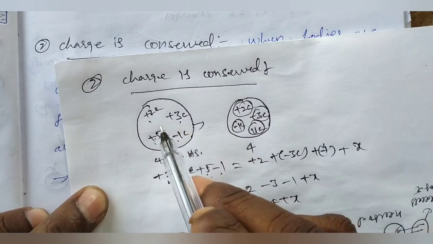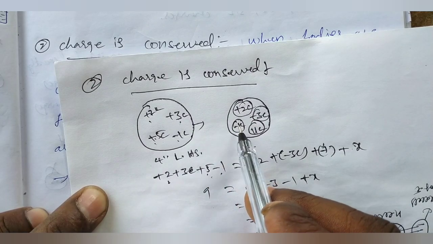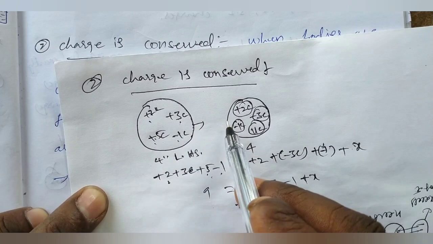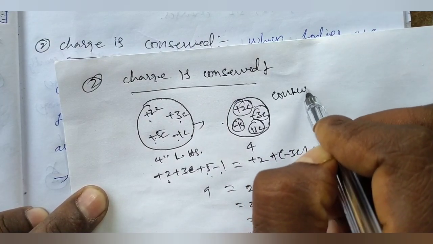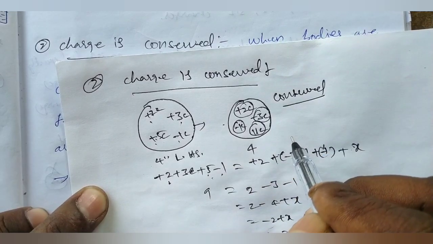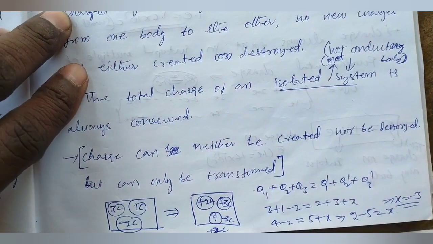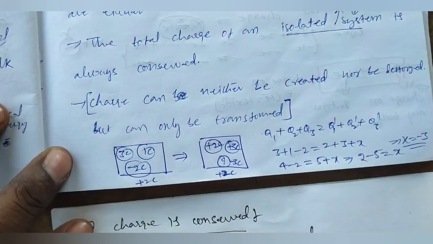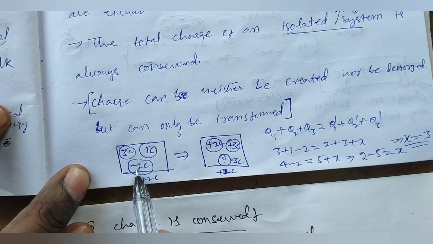That means the first body can be converted into the second body, but charge is conserved. Suppose there is another example: here 3 coulombs, 1 coulomb, minus 2 coulombs.